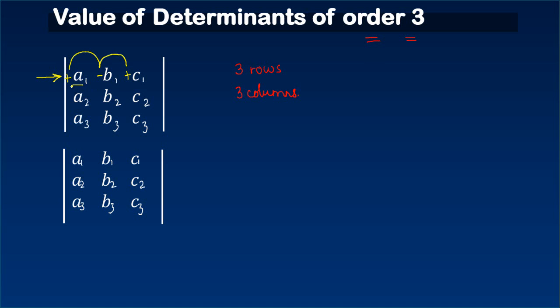Then I simply pick up plus A1, minus B1, which is the second element, and then plus C1 as the third element.